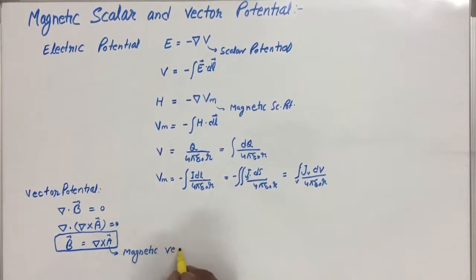If we define this, let us write magnetic vector potential.